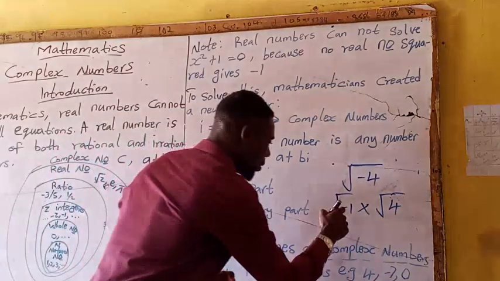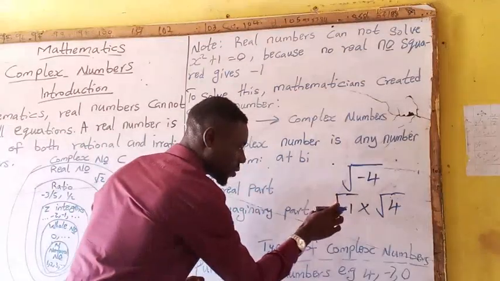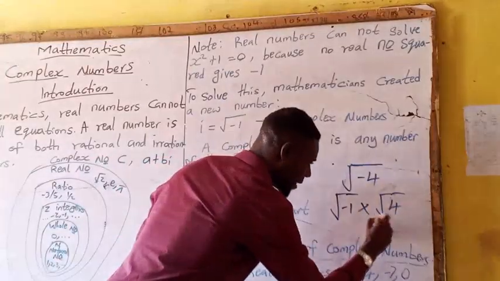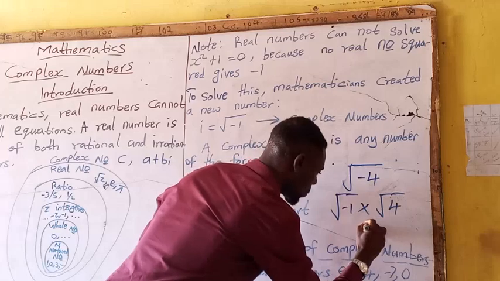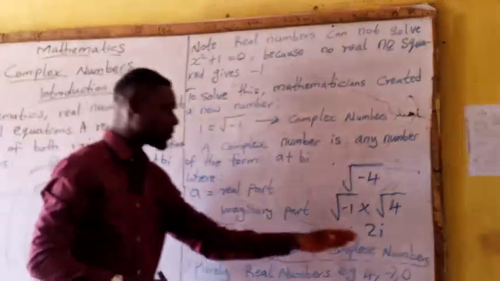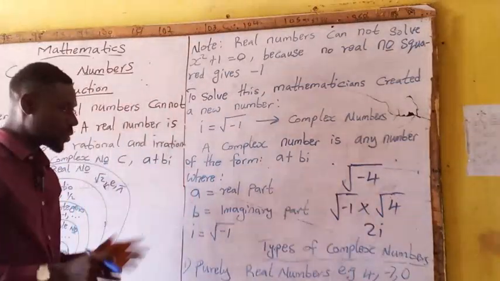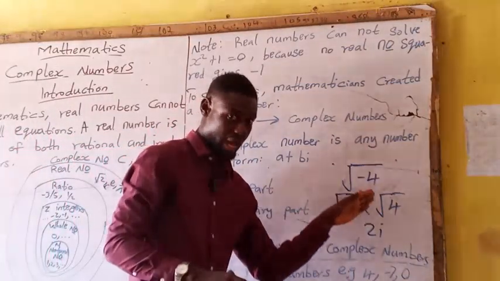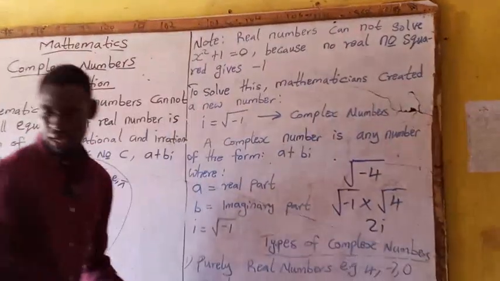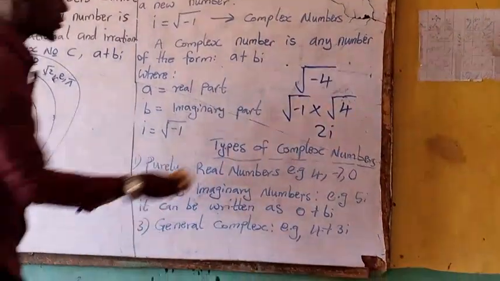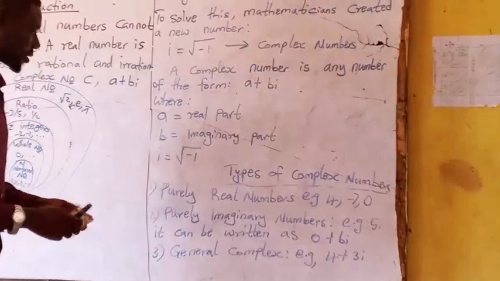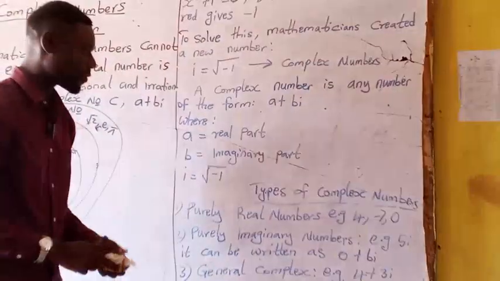And we know that root minus 1 is equal to i. That means, and you know that root 4 will give us 2, that means we have 2i. We are able to use the complex number form to split this value. So this is the main area we are going to meet very soon. Don't worry, we'll solve a lot of problems. Just explanation. Now let's go to the types of complex numbers.